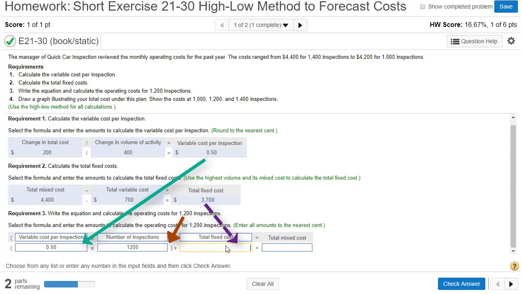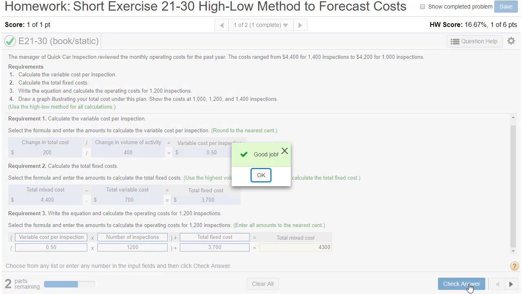Copy, paste. So if we're going to have 1,200 inspections, our total mixed cost is going to be $3,700 of fixed plus 0.5 times 1,200. So 0.5 times 1,200 gives us 600, plus 3,700 gives us $4,300 of total mixed cost.